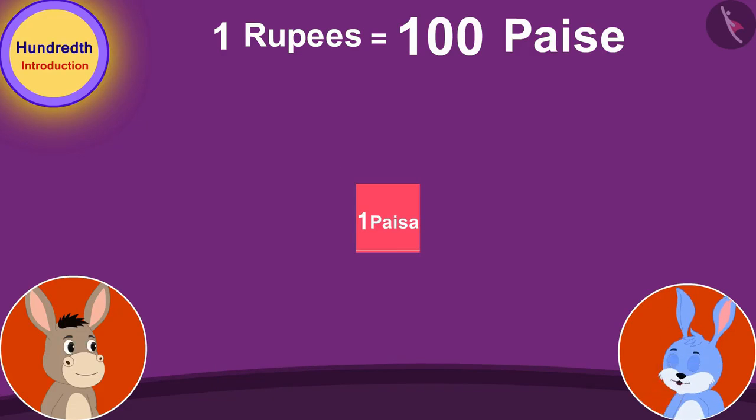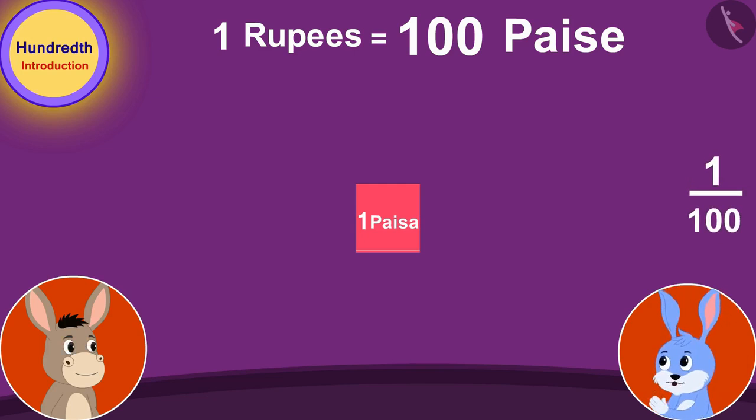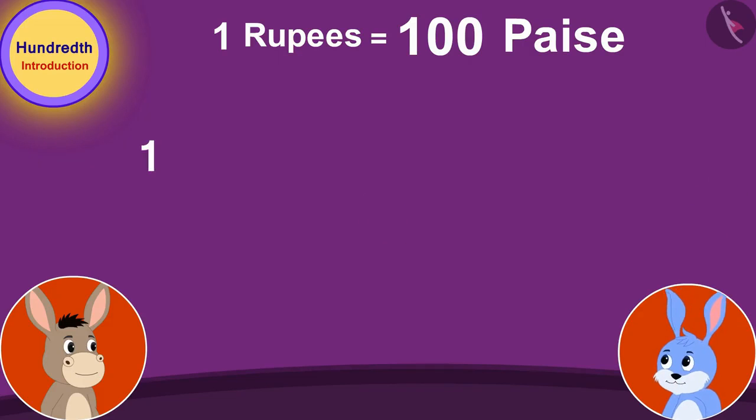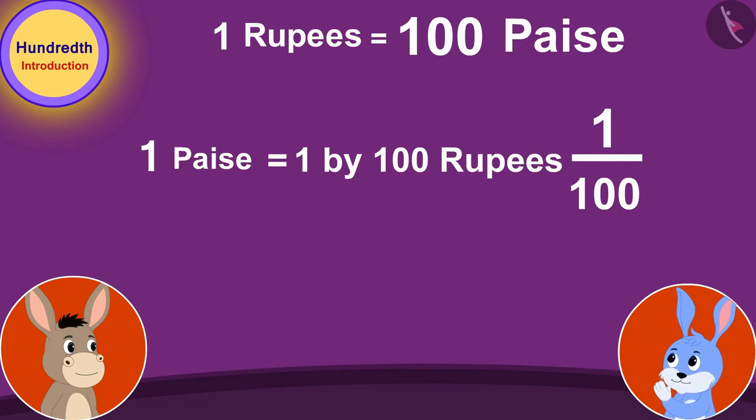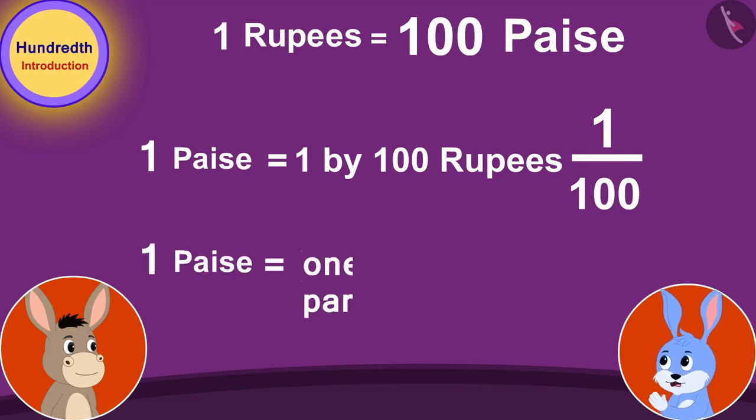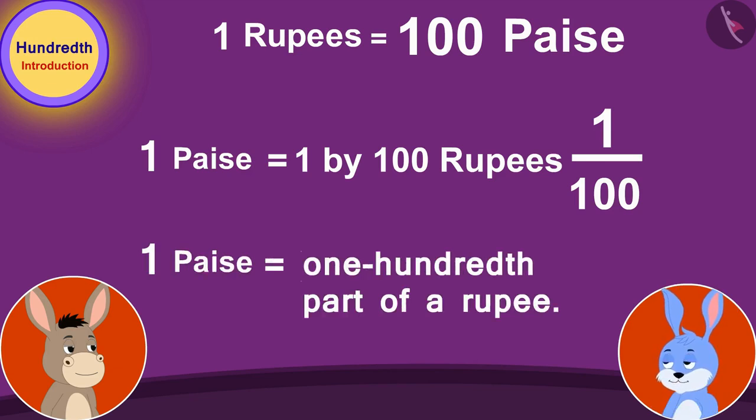If we take one of these 100 squares, then we can write it in the form of a fraction as 1 by 100. Therefore, we can say that 1 paise is 1 by 100 or 1/100th part of a rupee.